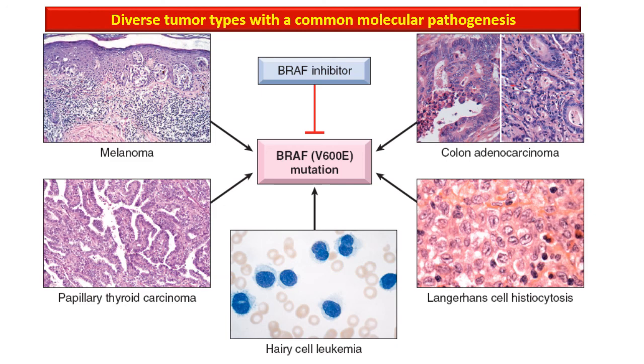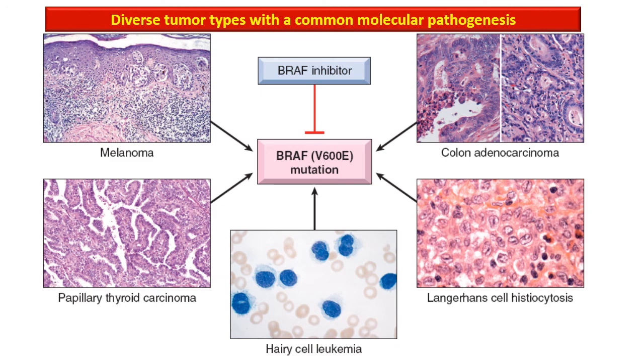All these BRAFomas are candidates for treatment with a BRAF inhibitor, but the effectiveness of BRAF inhibitors is different among these histological subtypes, and the reason for this is unknown.